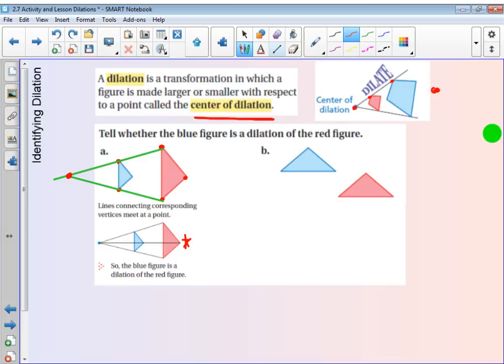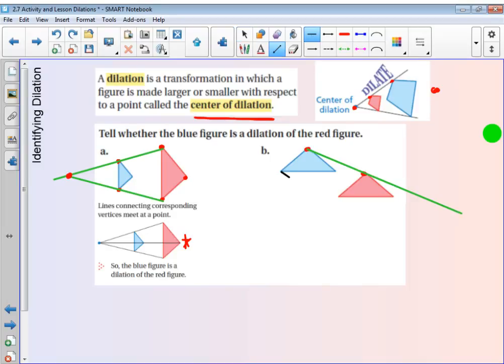Okay, so looking at B, if I've got those 2 figures, I would actually connect corresponding points, so this point to this point, and just extend it out, making sure that it cuts through each of those.